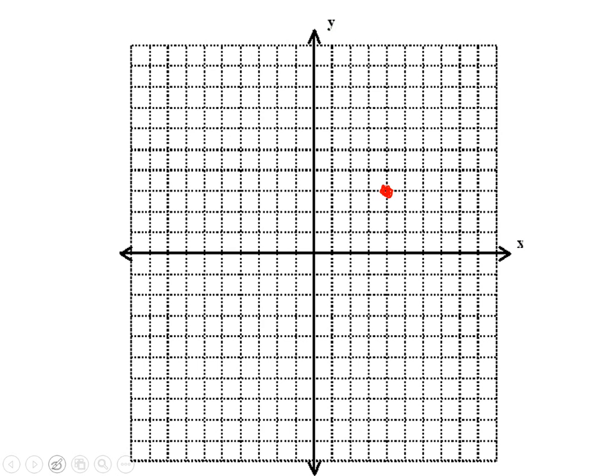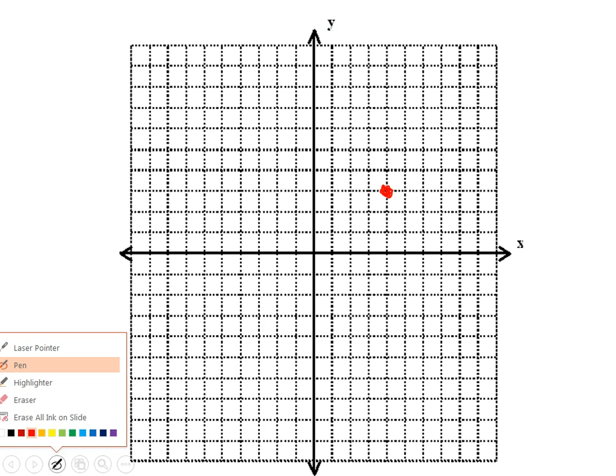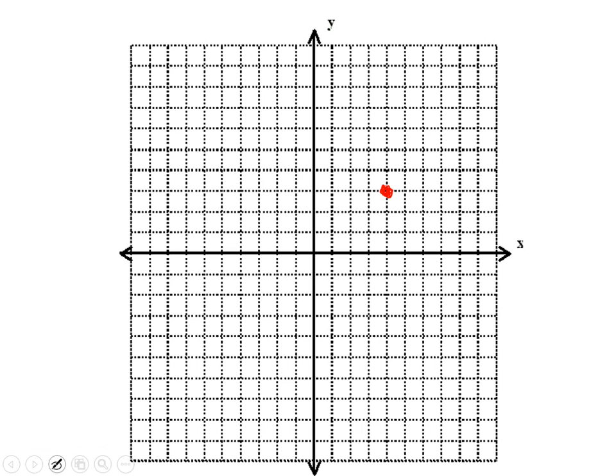Our radius, the square root of 41, is approximately 6.5-ish, so again, an estimate. From there, we're going to go north, south, east, and west 6.5-ish.